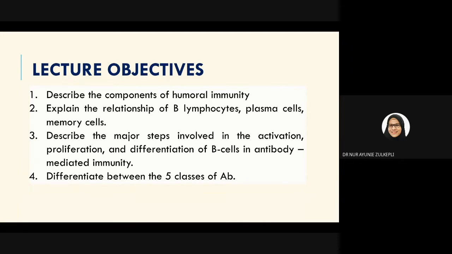You should also be able to describe the major steps involved in the activation, proliferation, and differentiation of B cells in antibody-mediated immunity, and differentiate the different classes of antibody, and how antibody works. This is your lecture objective for today.